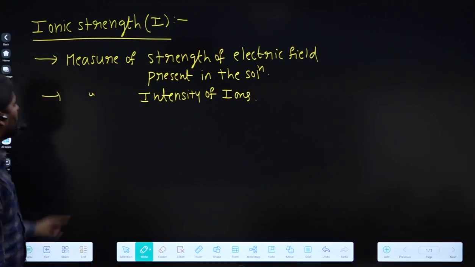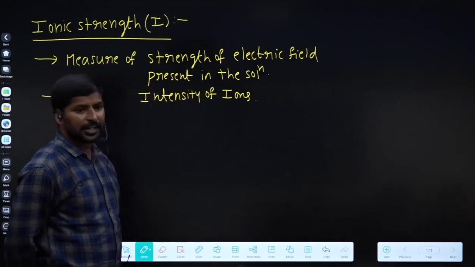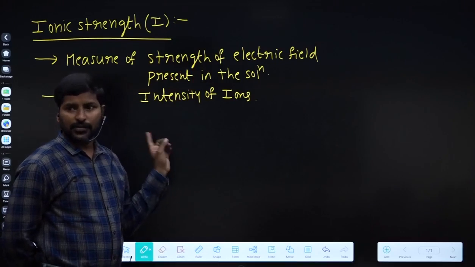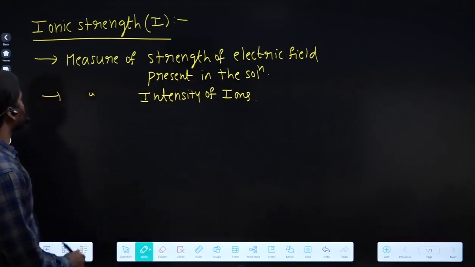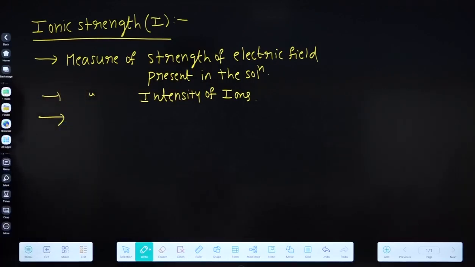Okay, it is a measure of intensity of ions present in the solution or intensity of electric field present in the solution. Okay, generally this ionic strength concept we will get later in electrochemistry also.